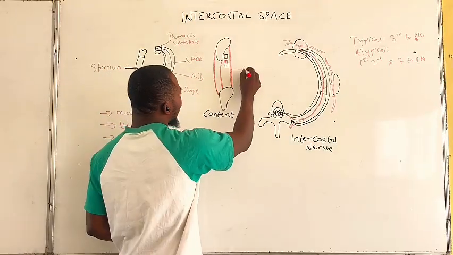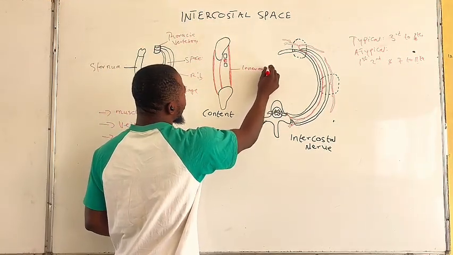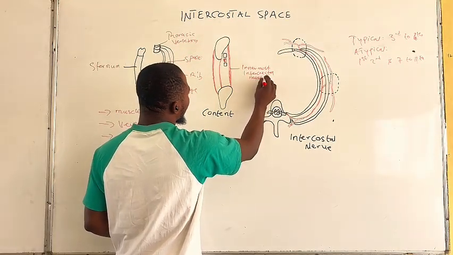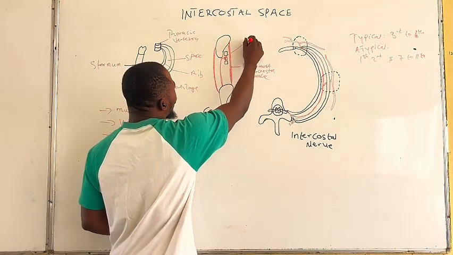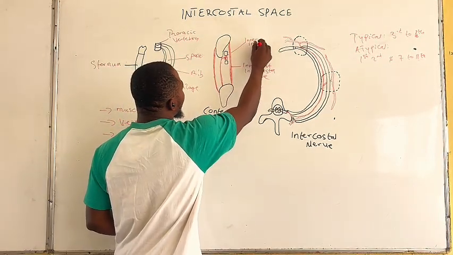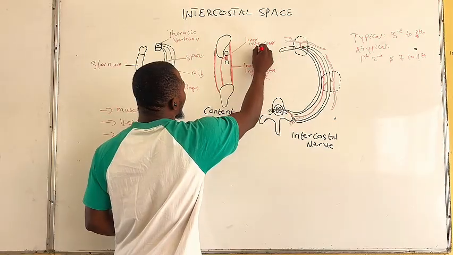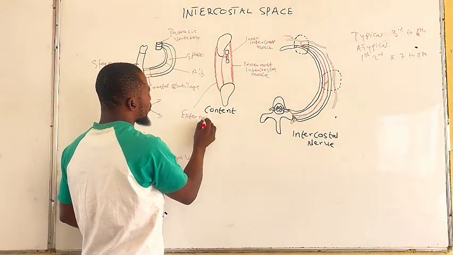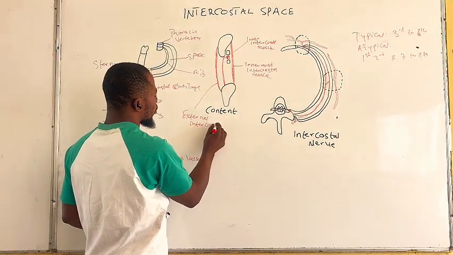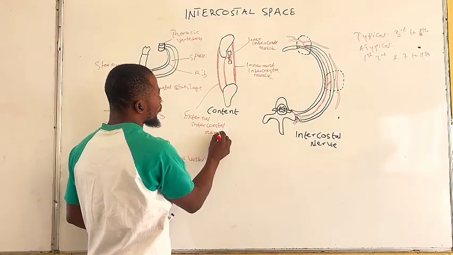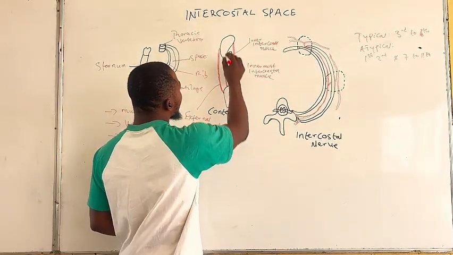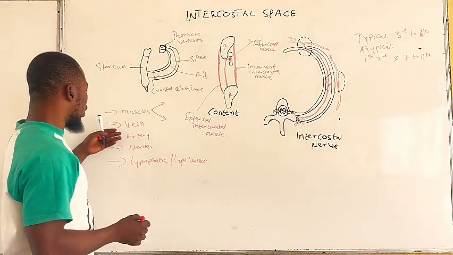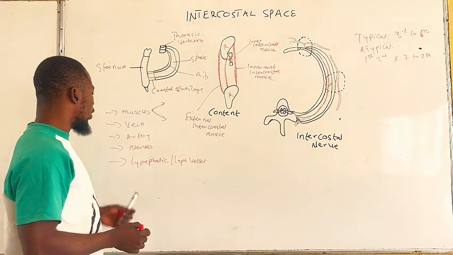From this diagram, this is our innermost intercostal muscle, this is the internal intercostal muscle, and this is the external intercostal muscle. This is our rib, and there are also intercostal veins, intercostal artery, and intercostal nerves.